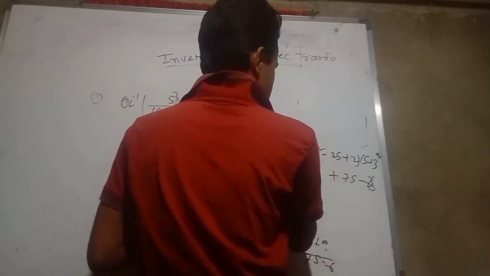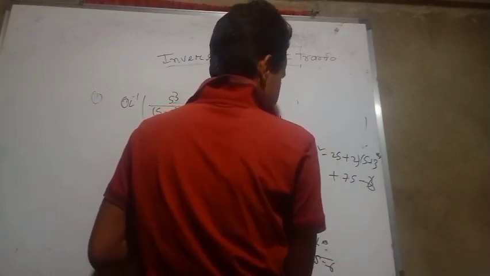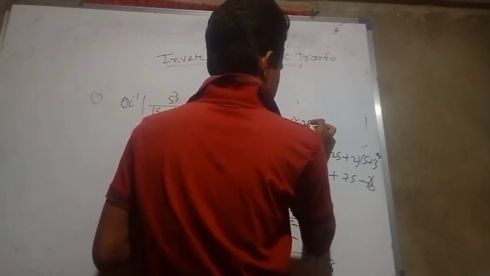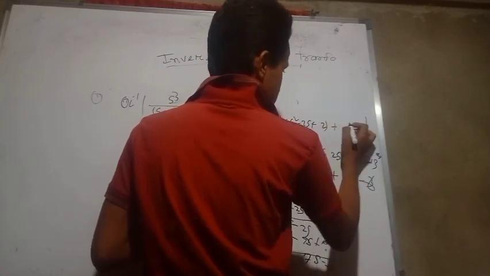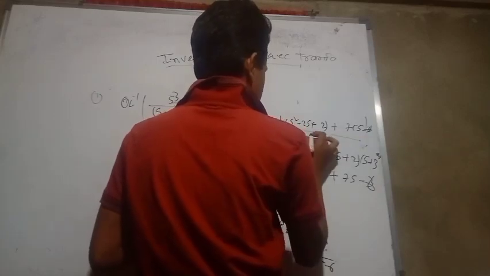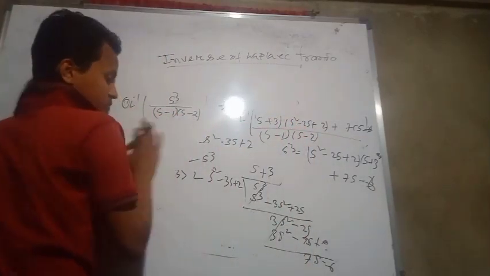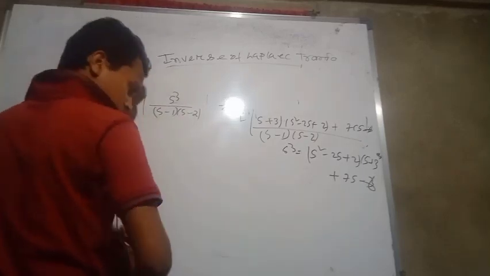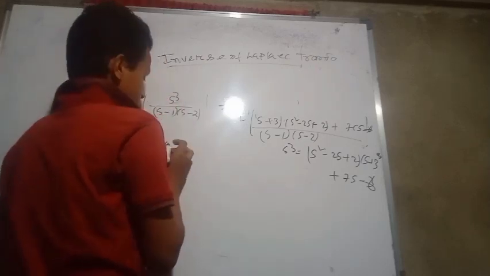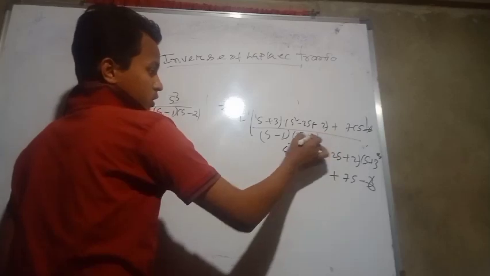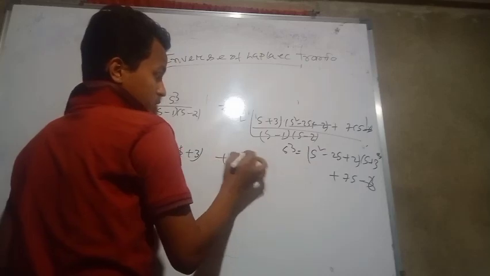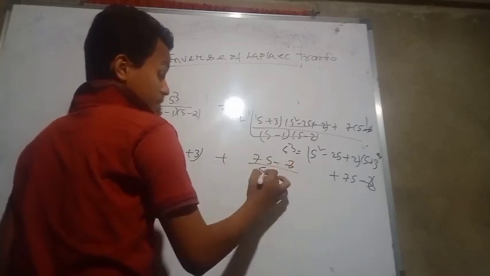So that will give us s plus 3, and the remaining terms cancel. Okay, so I am reading. So when you do it, that will cancel.